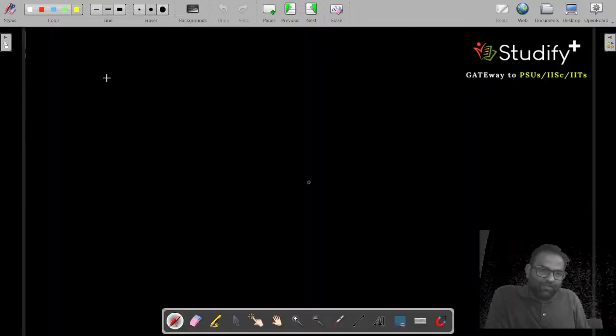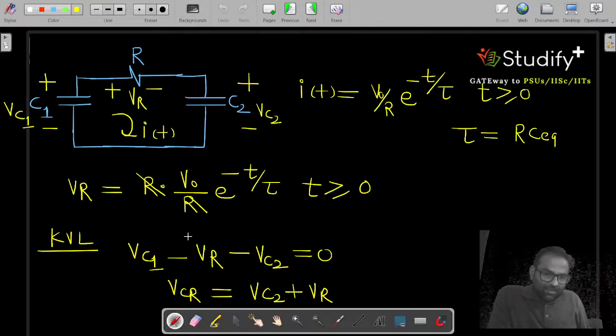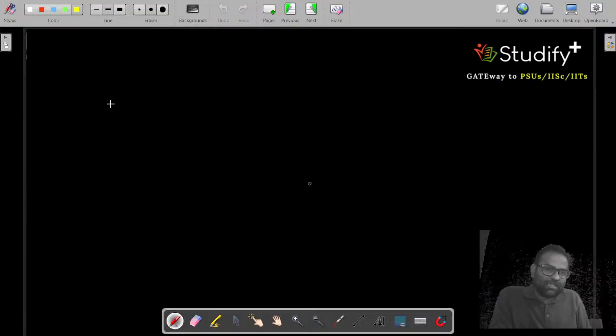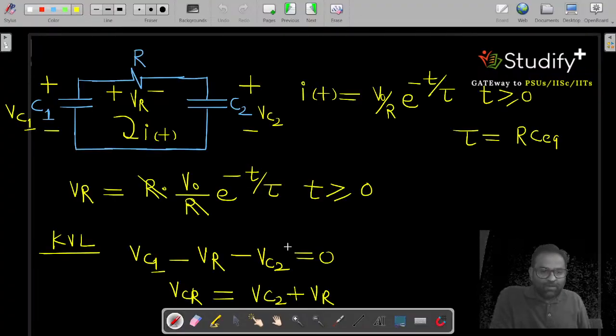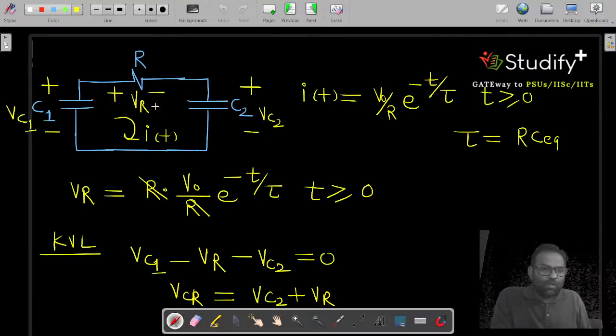So what is VC1? This is VC1, the voltage across capacitor number 1. So VC1 is given by VR minus VC2. What is VC2?